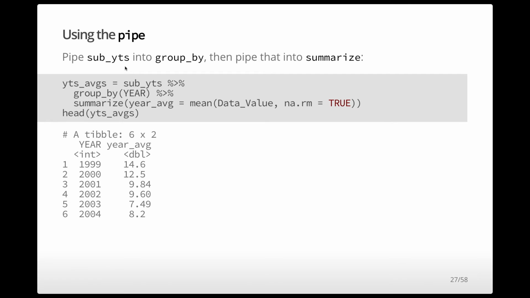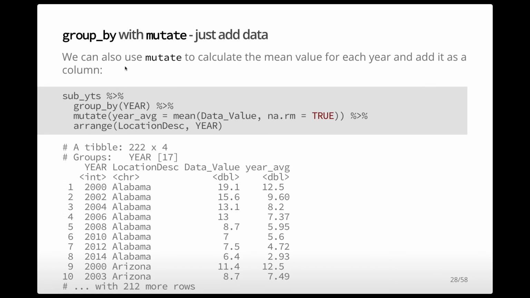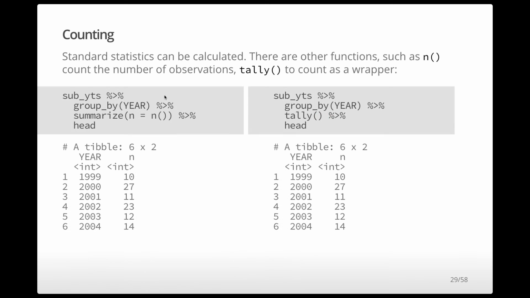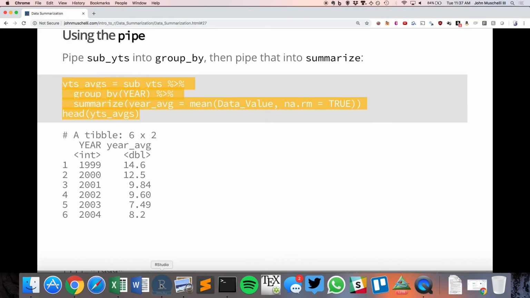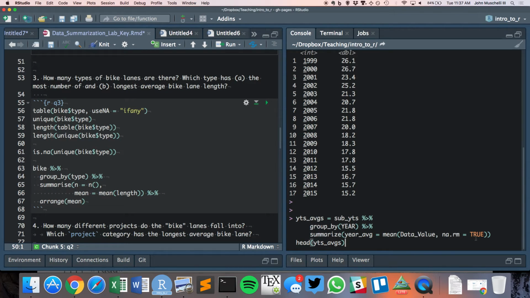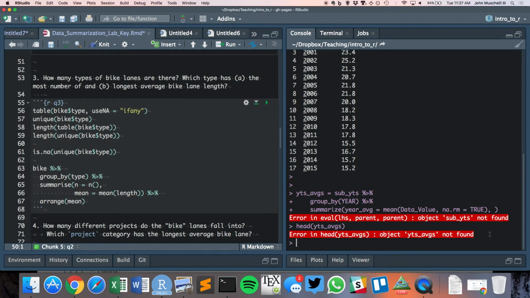So does this make sense with respect to piping? Same sort of operations. It's just in one step, and then we just save the output to be YTS underscore averages. Okay? It doesn't matter if I want to do one thing or 100 things.